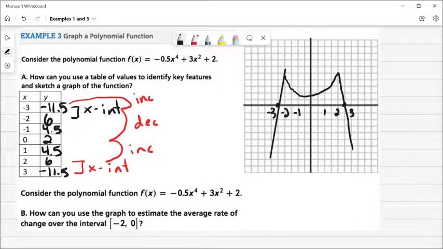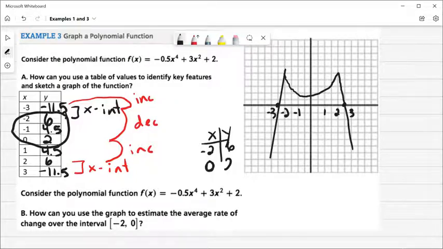All right, in part B, it's asking us how we would use the graph to estimate the average rate of change over this interval. Now, I'm not quite sure what they mean as far as using the graph, but we have this table of values, and so we can use that in order to calculate the average rate of change. So remember that average rate of change is just slope, and on this interval, my x values are -2 and 0, and we found that their corresponding y values were 6 and 2.